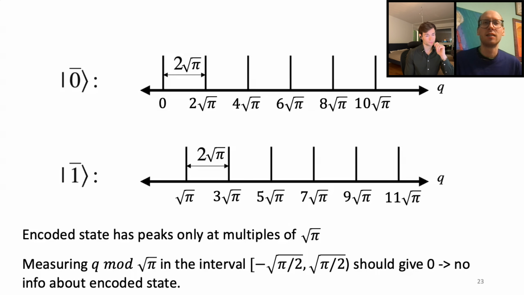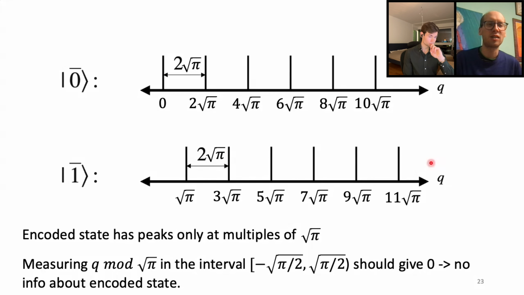Because whether it is an odd or even integer multiple of square root of pi, if we take that value modulo square root of pi and shift it towards that interval, that would always give us 0, no matter which peak we are in, anywhere in that picture.